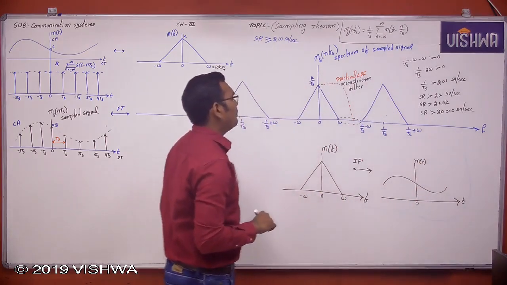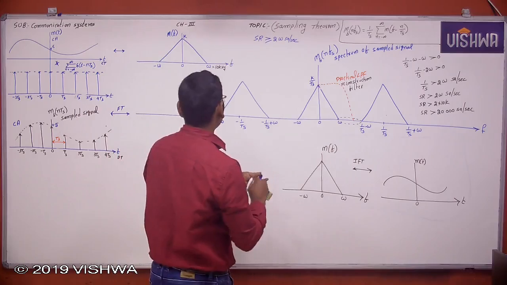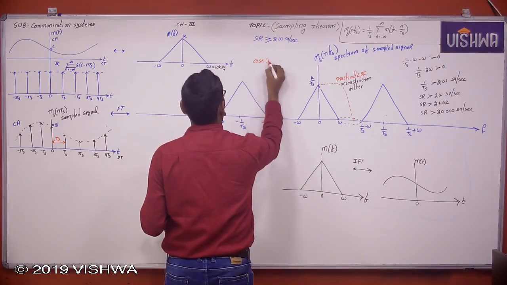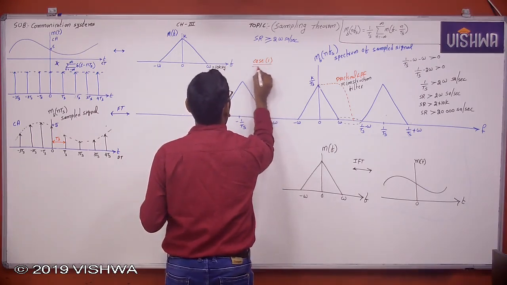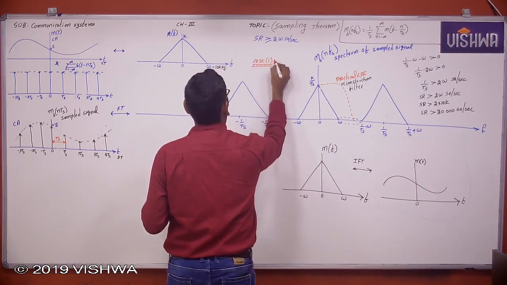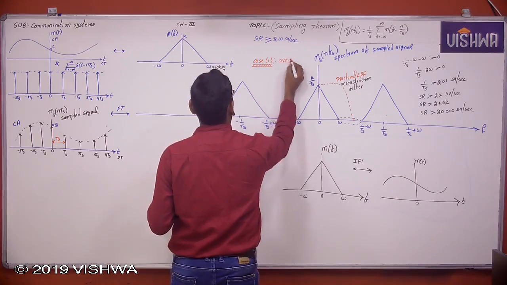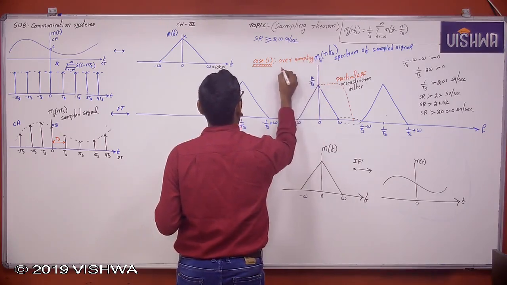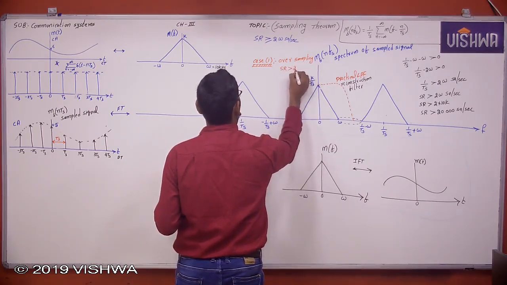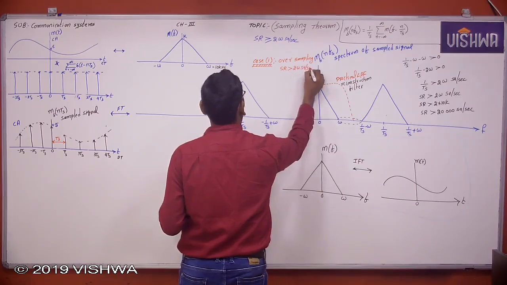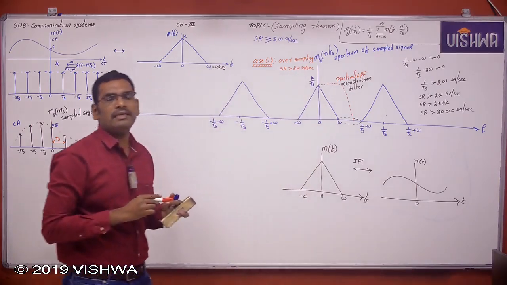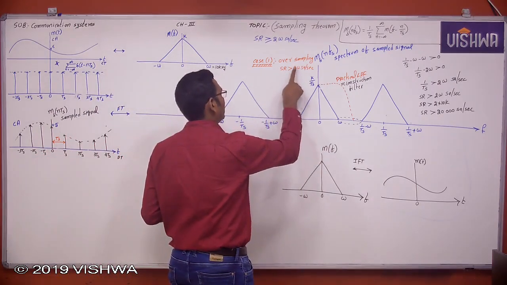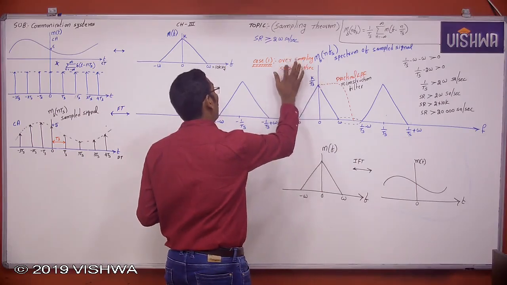This type of sampling is case 1, called oversampling. It is oversampling when the sampling rate is greater than 2 omega samples per second.